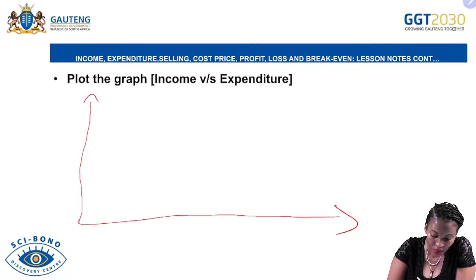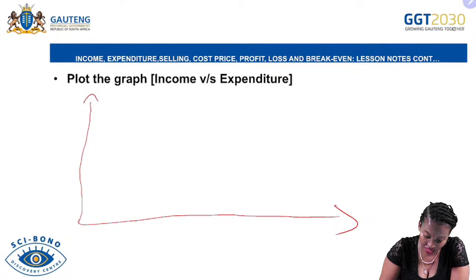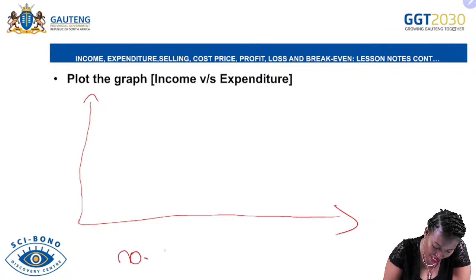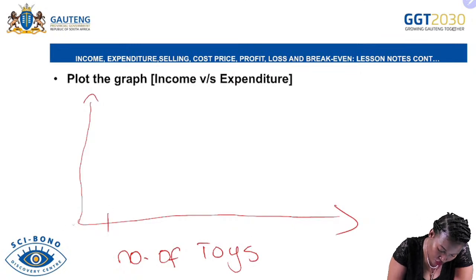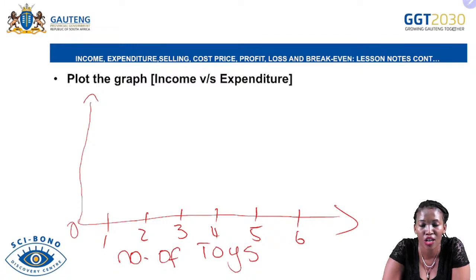Let's say here it's a business that is selling toys for kids. And then therefore on this section, you will have the number of toys. So obviously here it will be 0, 1 toy, 2 toys, 3, 4, 5, up to 6 toys.